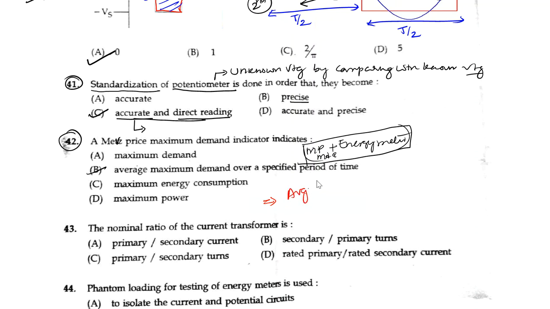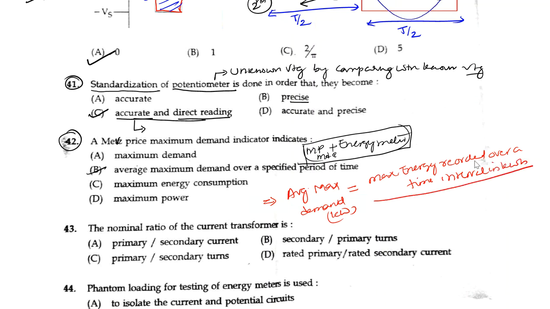Average maximum demand in kilowatts is equal to the maximum energy recorded over a time interval in kilowatt hours, divided by the time interval in hours. So this is an important formula here.